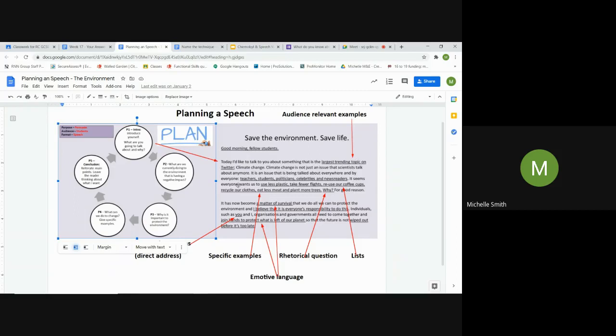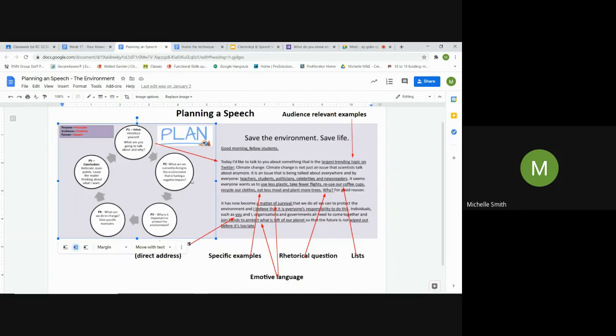Okay, and then paragraph 2. What are we currently doing to the environment that is having a negative impact? Now, I'm sure that you've surfed the internet enough or watched the news enough or read a newspaper enough to know that there's lots of things that we're doing that is not great for the environment, and plastic seems to be the most talked about one at the moment.